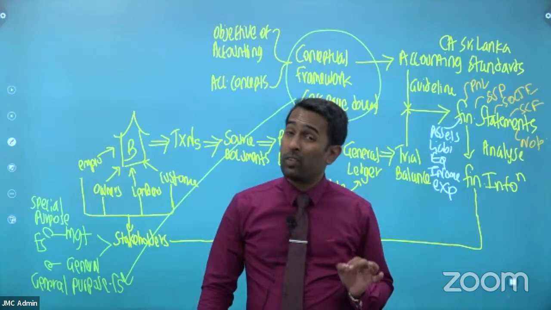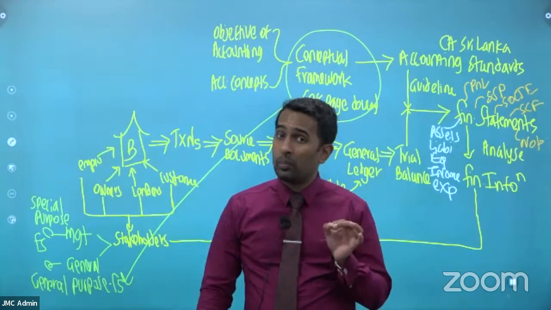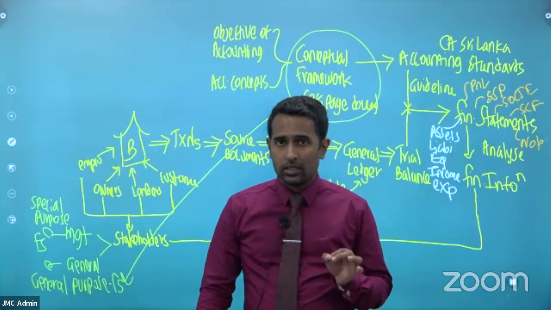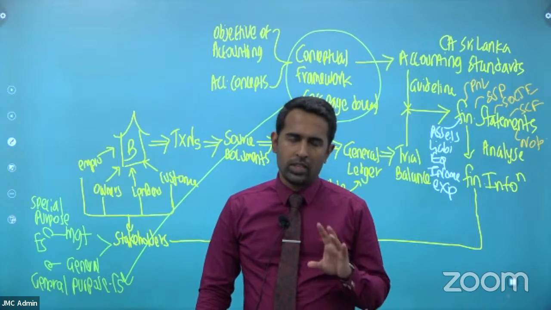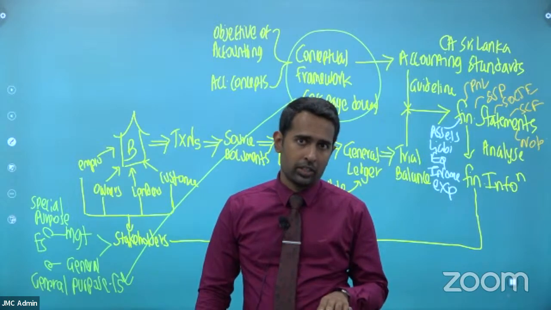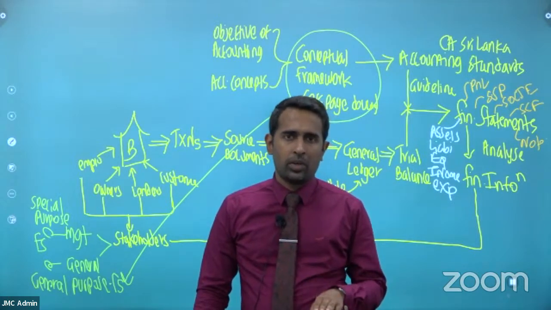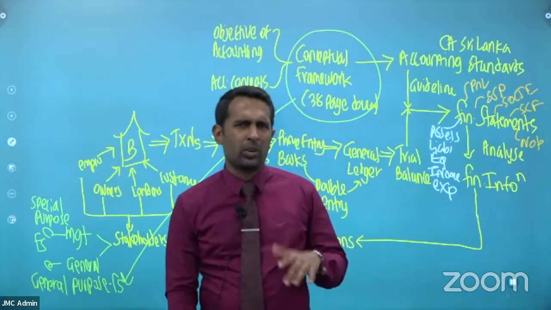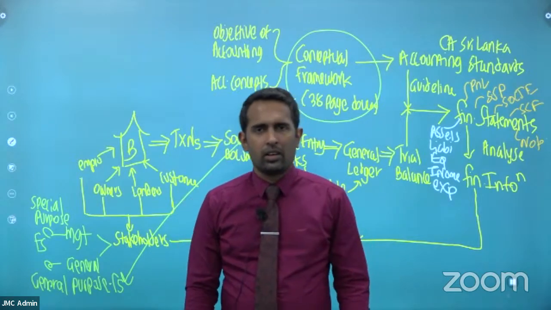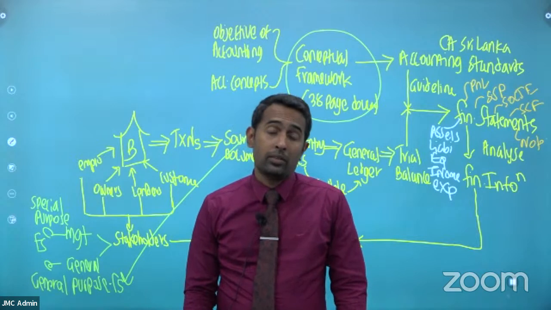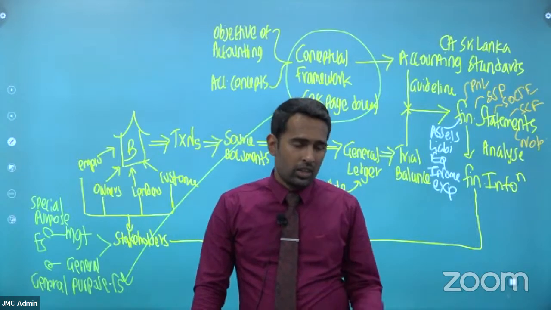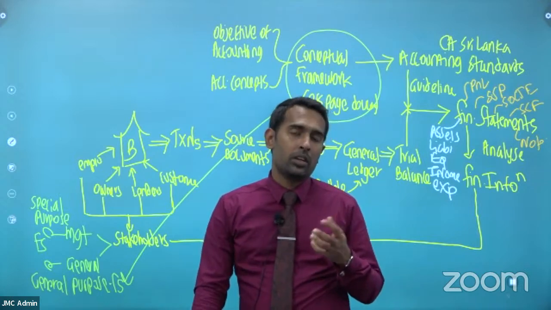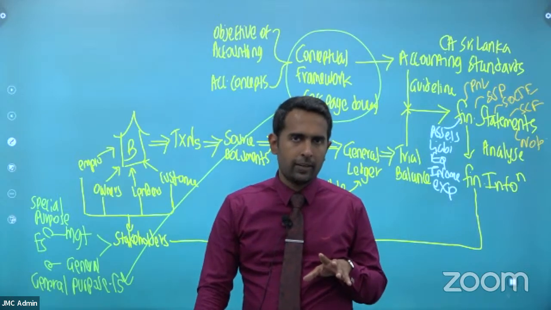The conceptual framework is looking at stakeholders with less power than the management, because they cannot ask for tailor-made financials. For example, if you are a banker, a supplier, a competitor or a customer, you cannot ask for tailor-made financials. You have to go with the general purpose financial statements.